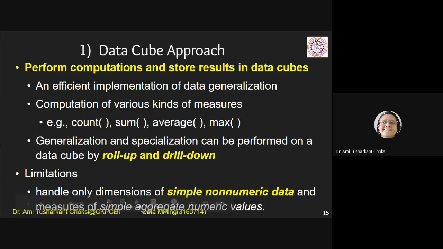So what do we say about the limitations? It can handle only dimensions of simple non-numeric data and measures of simple aggregate numeric values. We can handle the dimensions of simple non-numeric data.